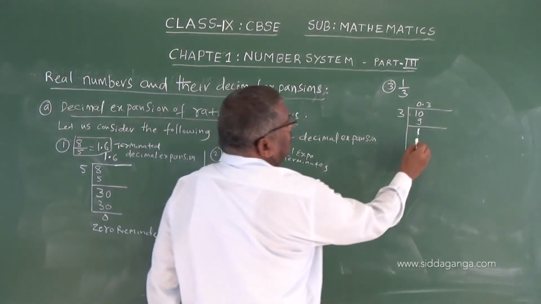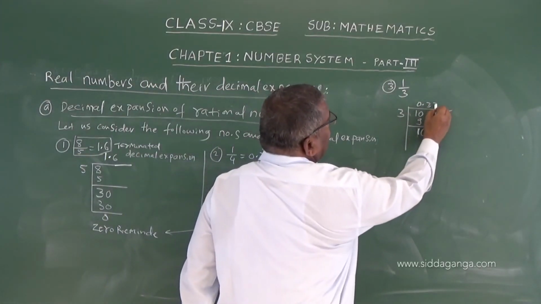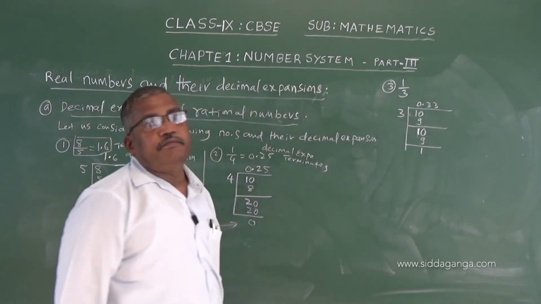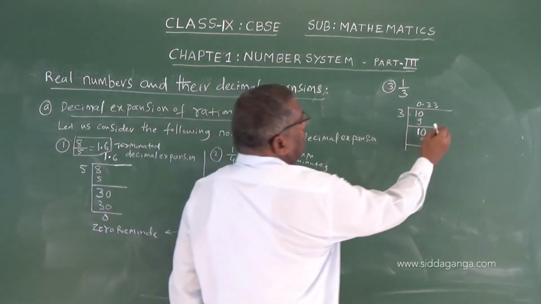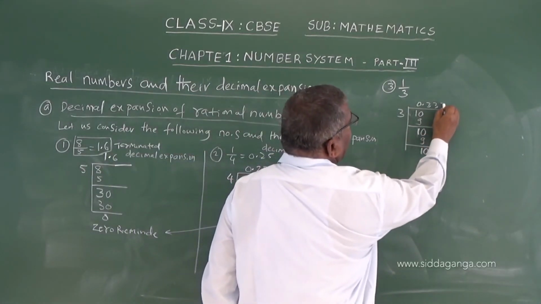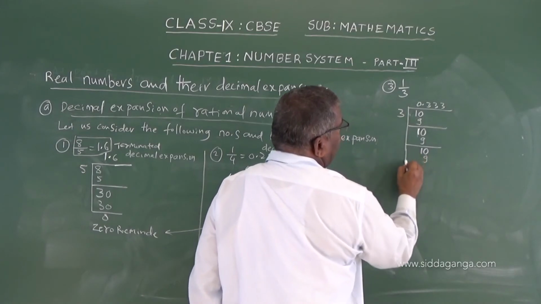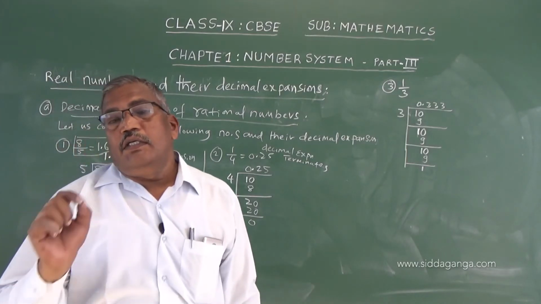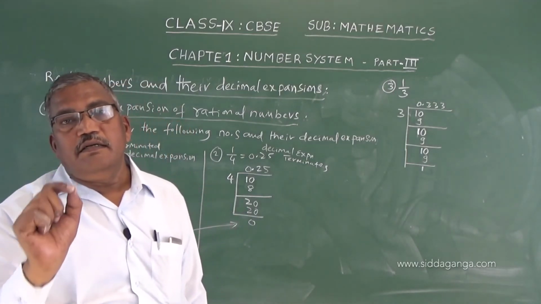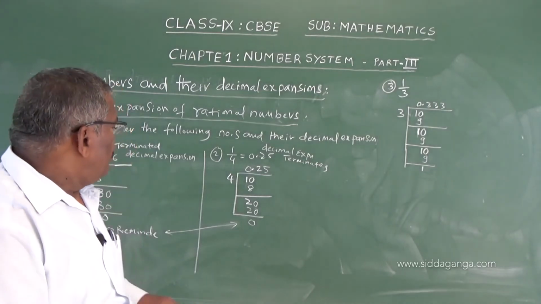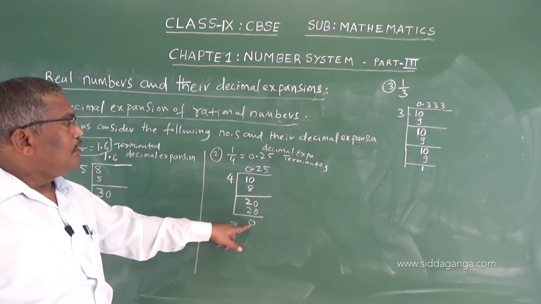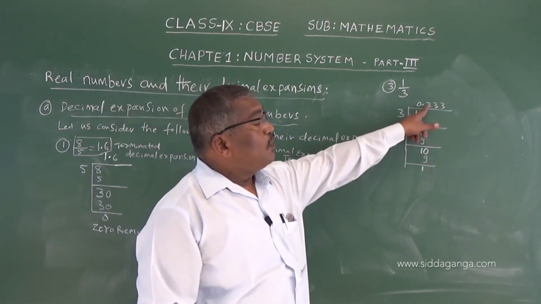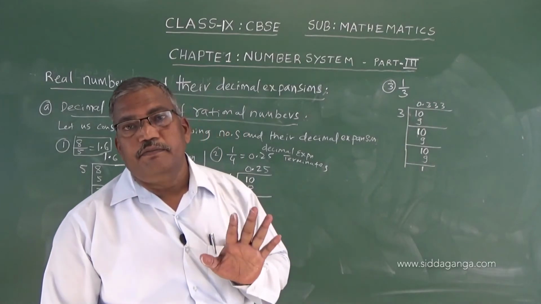Again we take a 0 here. 3 3s are 9. We get remainder 1. Again 0 here, 3 3s are 9. Again 1 remainder. You observe here, the remainder never becomes 0. When the remainder never becomes 0, the quotient will never stop.